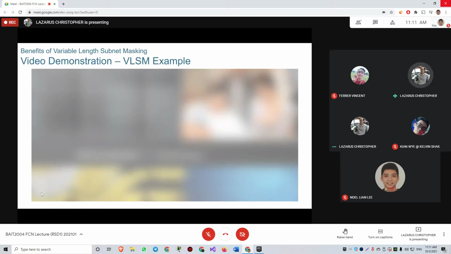So we try to subnet first. Normally what we do is we sort our required subnets based on the number of hosts they require. Okay, how to sort it? By descending order, from the largest number of hosts required.